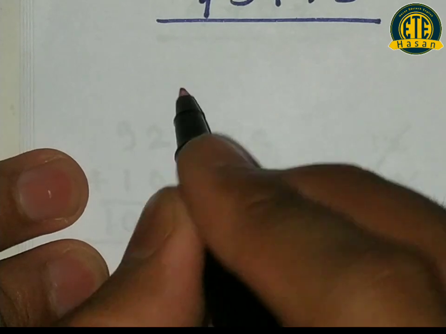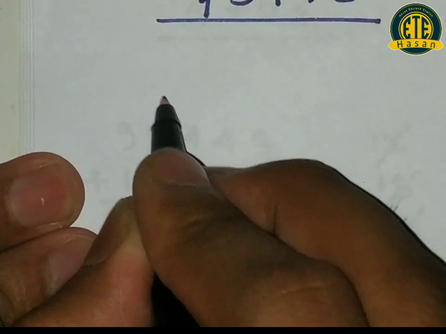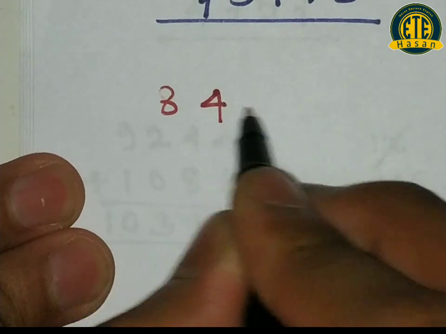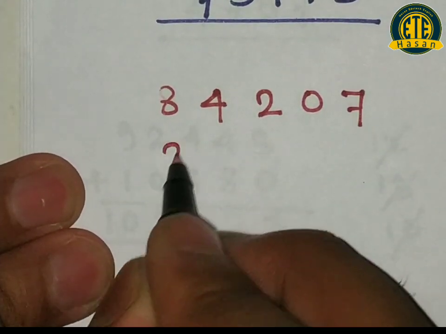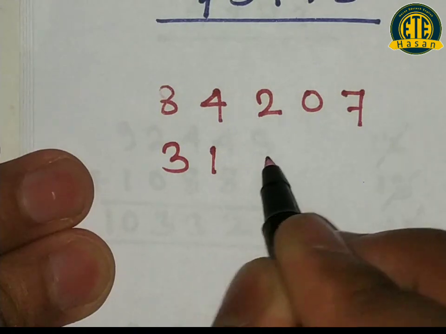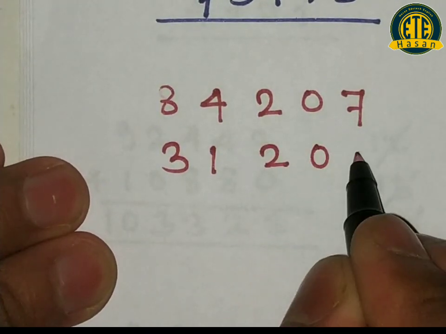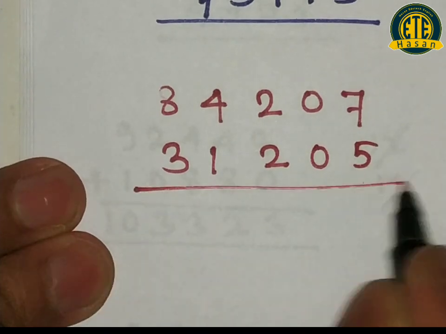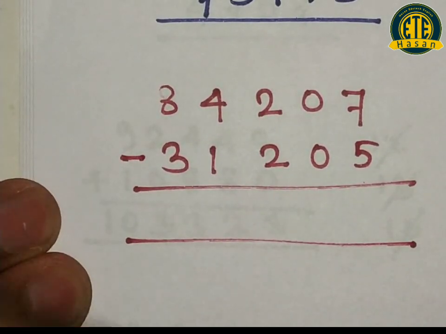So let's take another example, like 8, 4, 2, 0, 7 minus 3, 1, 2, 0, 5. Let's subtract it. What will be the result?